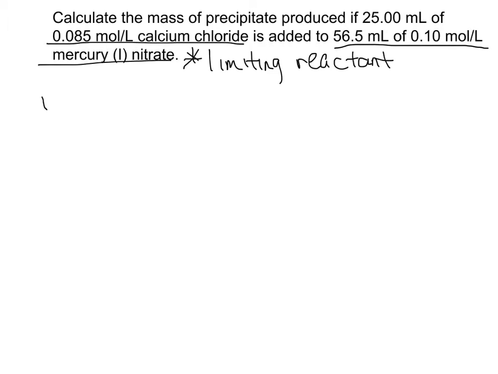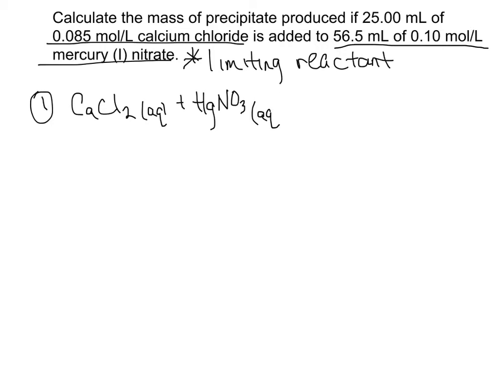Starting off then, stoich, we always find our balanced chemical equation first. We've got calcium chloride, which is aqueous, reacting with mercury(I) nitrate, so it's HgNO3. That is aqueous.